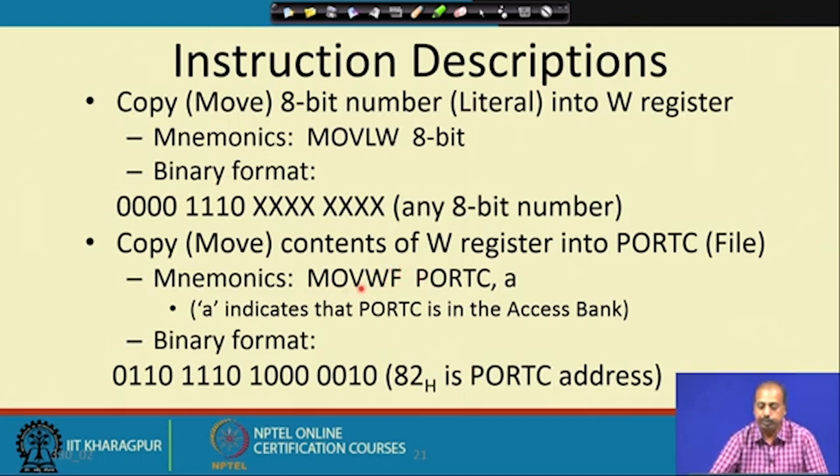So, MOVWF, working register to port C comma A. It will go to port C, and here the A indicates that port C is in the current access bank, whatever the current bank selection is. And 82 hex is the port C address. The rest of the bits are fixed for this operation.